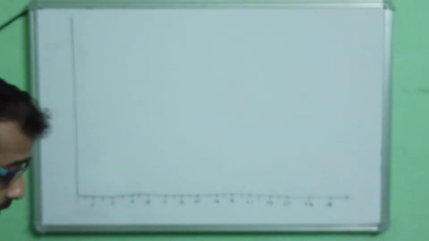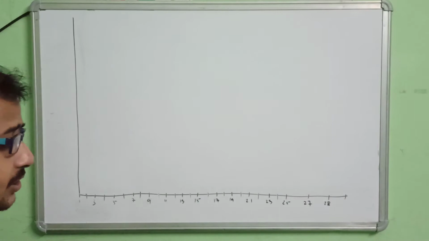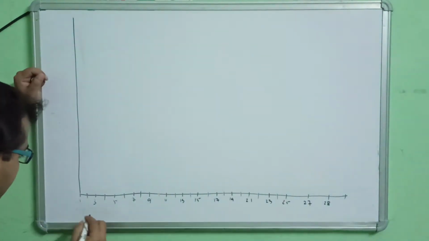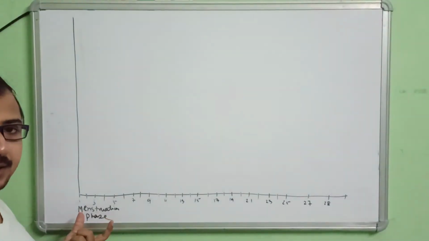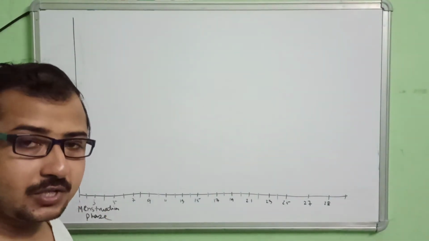Okay, now the phases. First is the menstruation phase. So this is the first, this is the menstruation phase. Okay, so 1 to 5, the first 5 days is the menstruation phase.